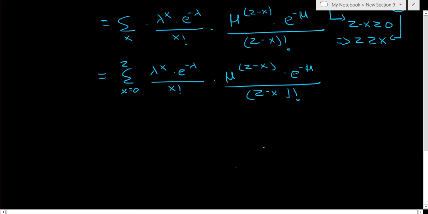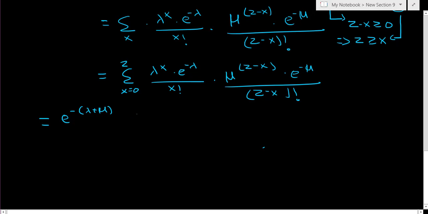Now let's move on and try to simplify this function. I am going to take all the constant terms out which do not contain x. So e to the power of minus (lambda plus mu) would come out, and all the other terms contain x.